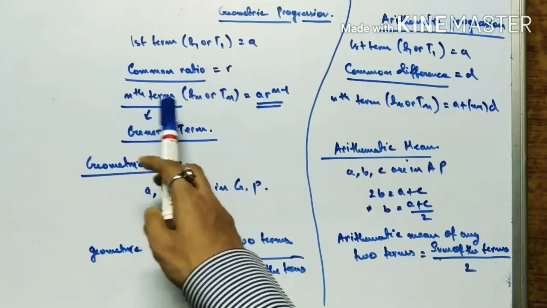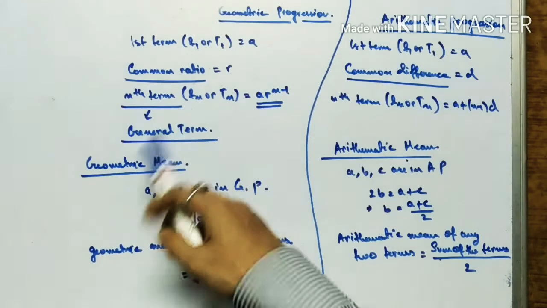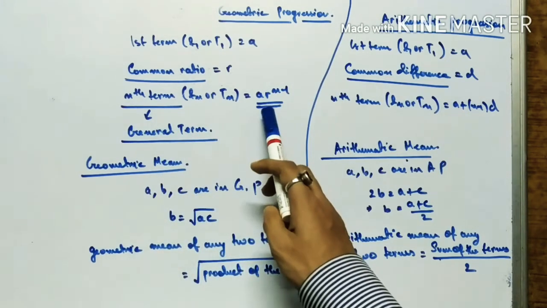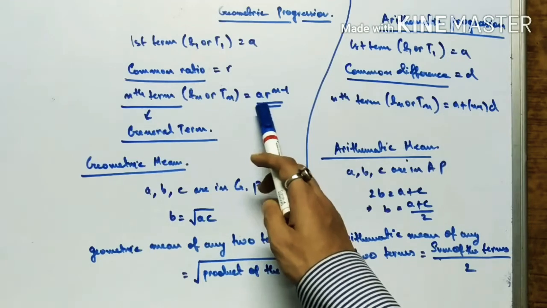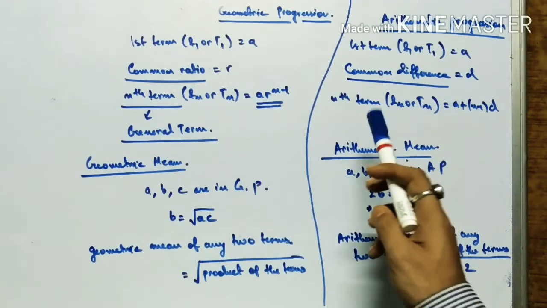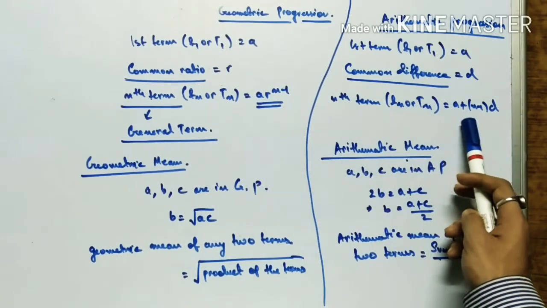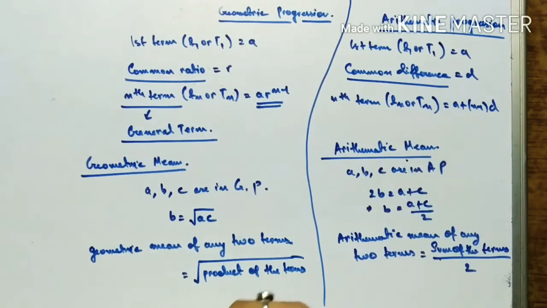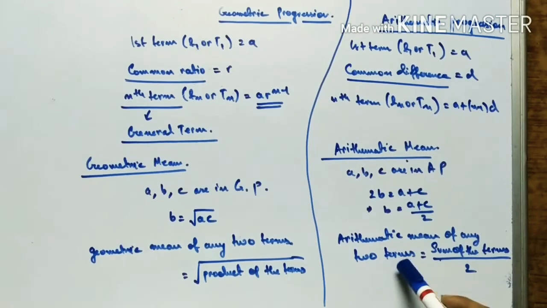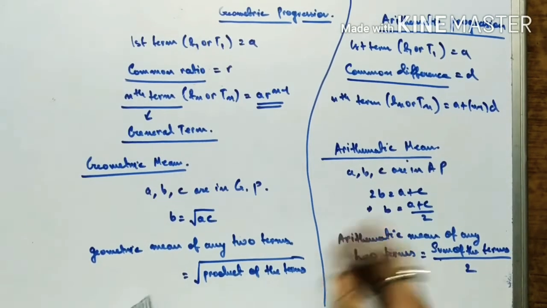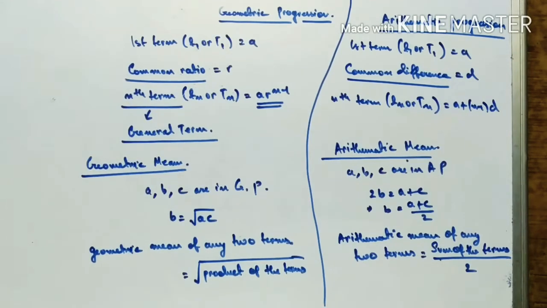The nth term of a GP, the general term, is given by A R to the power n minus 1, but in arithmetic progression it was A plus n minus 1 into d. Geometric mean of any two terms is root over the product of the terms, but arithmetic mean of any two terms is the sum of the terms divided by 2. These are some of the differences.